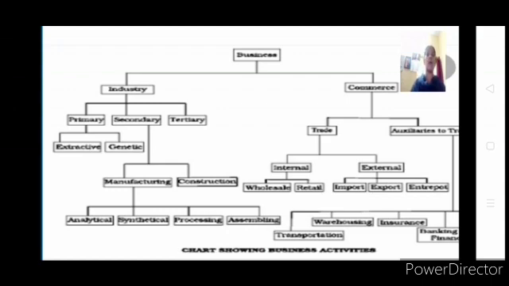It is with the help of transportation. So transportation is one of the auxiliaries to trade. The same transportation we study under tertiary industry, but that will be helpful for whom? Primary and secondary industries. But if we study the same transportation under auxiliaries to trade, it is a helper to trade.